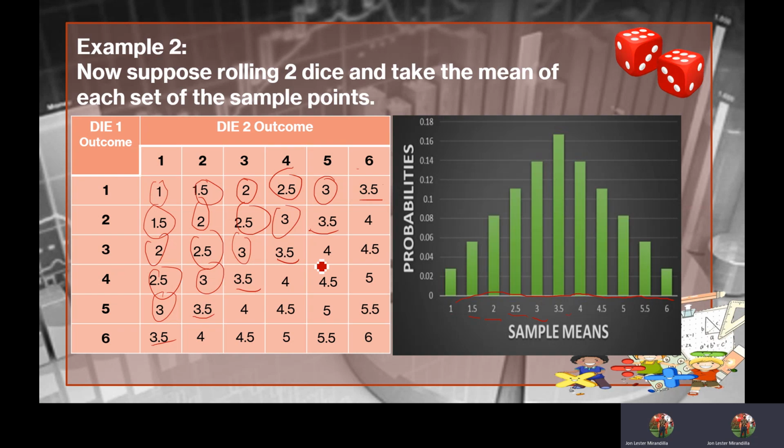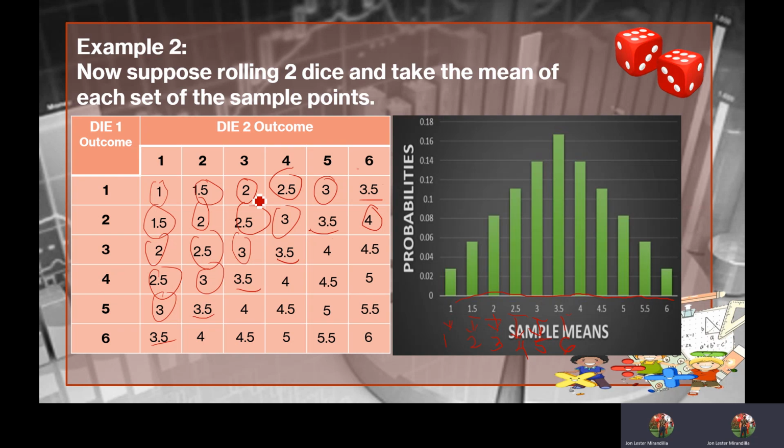Sulat natin yan. So ito, isang beses lumabas itong 1, itong 1.5 dalawa, itong 2 tatlong beses lumabas, itong 2.5 is apat, itong 3 is limang beses lumabas, and 3.5 is anim na beses lumabas. Now, yung 4, ilang beses lumabas yung sample mean na 4?